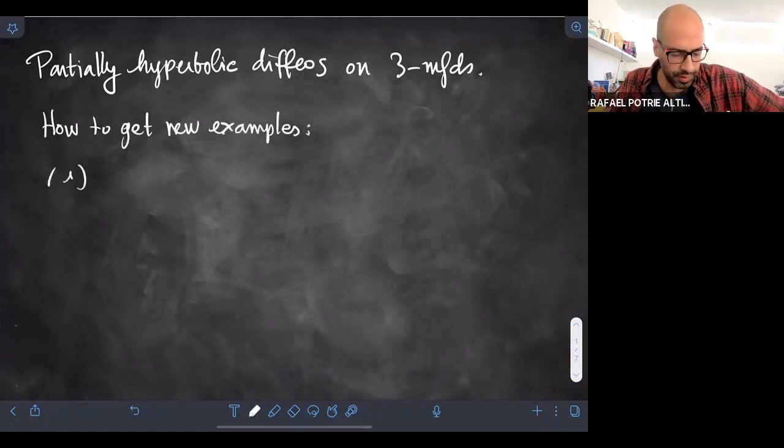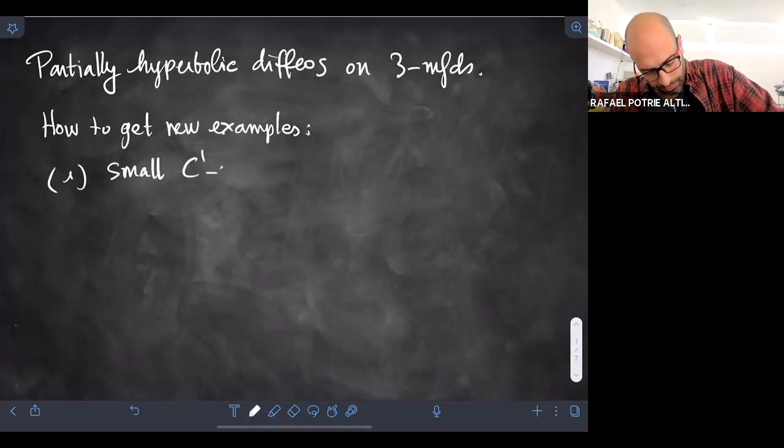The first way to make new examples is to make small C1 perturbations.